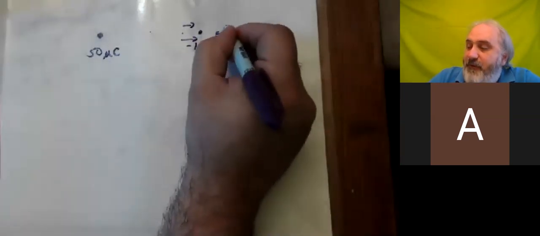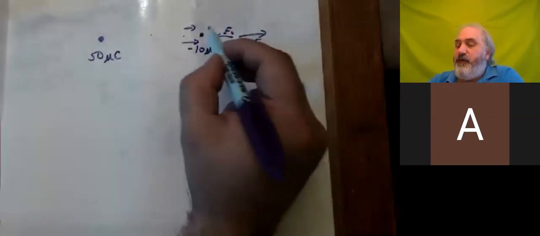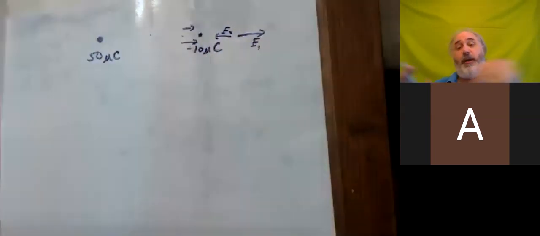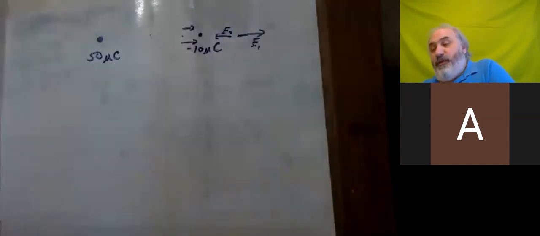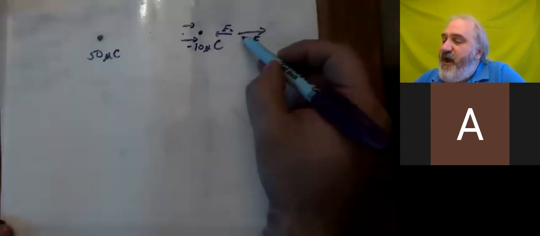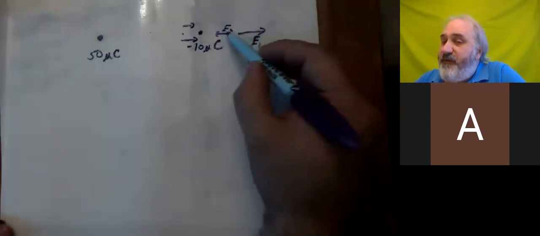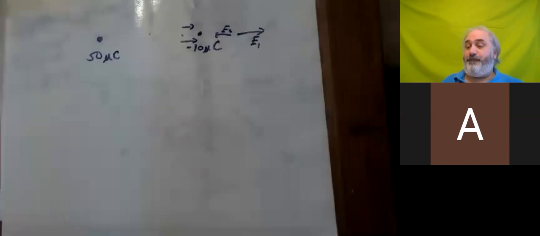So what's going to happen is if I look not in between them, because in between them, they're going to both always point to the right. That's never going to work. If I look on this side over here, if I pick the spot just right, this guy is going to be to the right. This guy is going to be left. If I pick the spot just perfectly, maybe they're opposite directions but equal size, they'll cancel out.